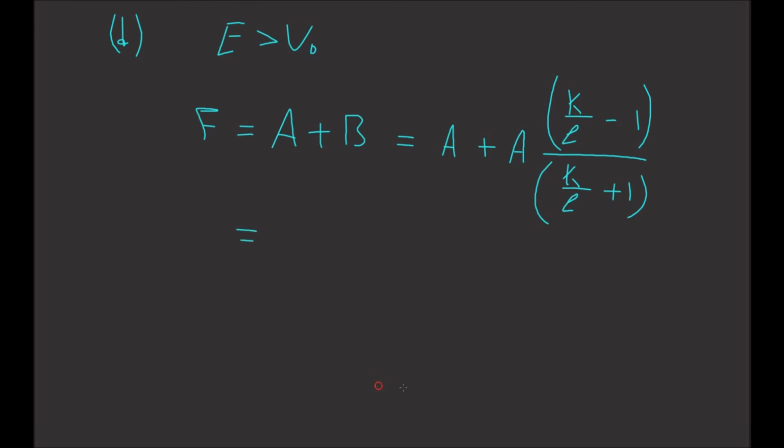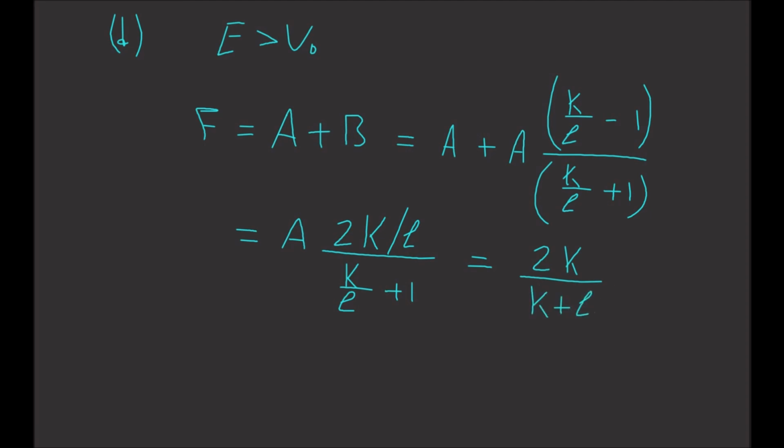Which is equal to a times 2 times k over L divided by k over L plus 1, which is the same as 2 times k divided by k plus L times A. So this is what F equals, right?